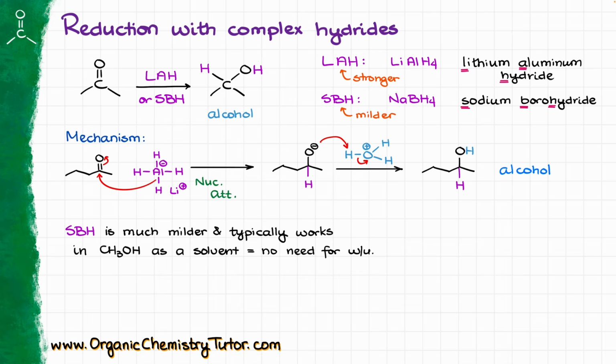Now, mechanistically speaking, we are moving to the territory where all our reactions are going to be reactions with nucleophiles, where the nucleophile is going to be attacking our carbonyl. So lithium aluminum hydride or sodium borohydride is essentially a source of the nucleophilic hydride, and that hydride is going to be attacking our carbonyl.